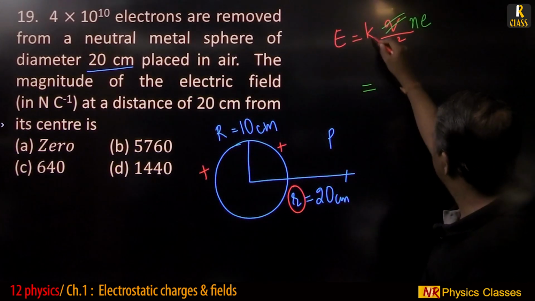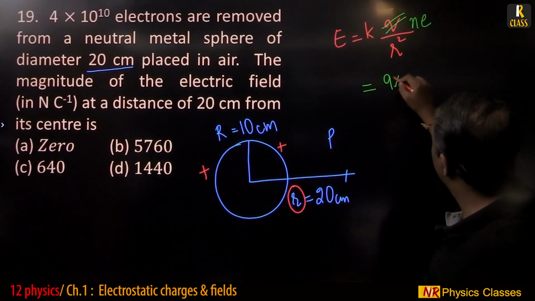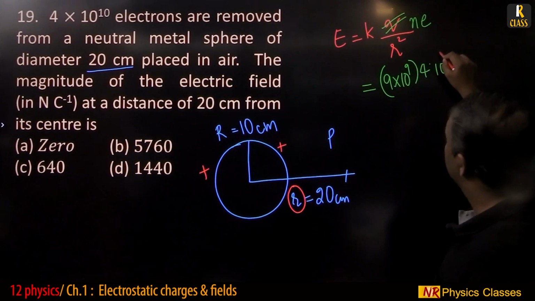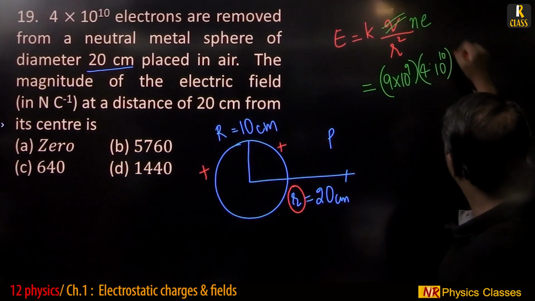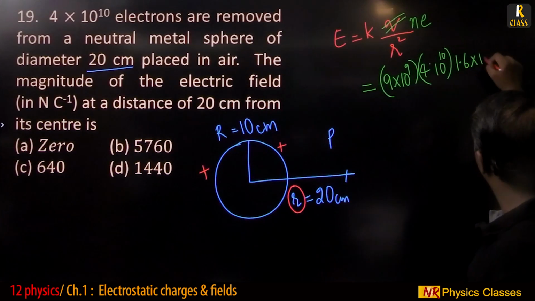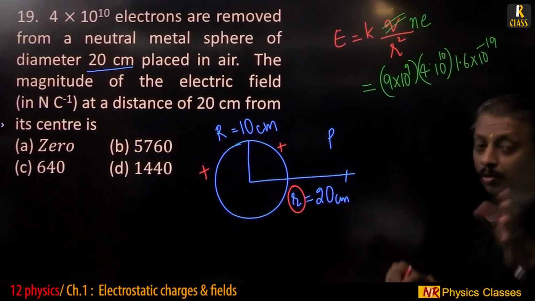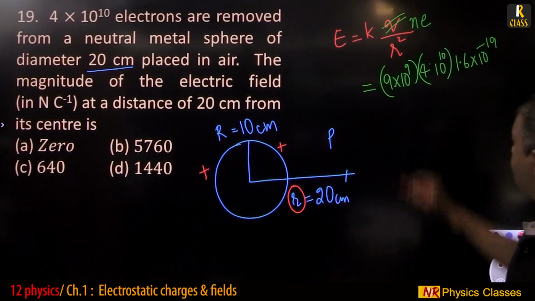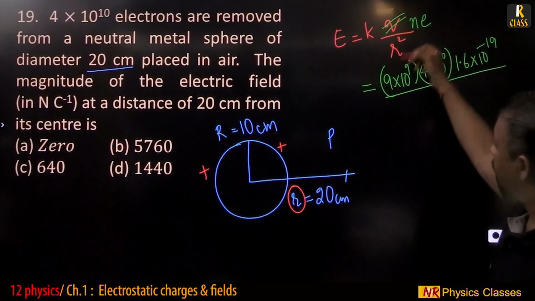So electric field: constant 9 into 10 to the power of 9. Number of electrons 10 to the power of 10. Charge of electron 1.6 into 10 to the power of minus 19. Don't worry about the negative sign. Since electron is negatively charged, forget it. By distance square.